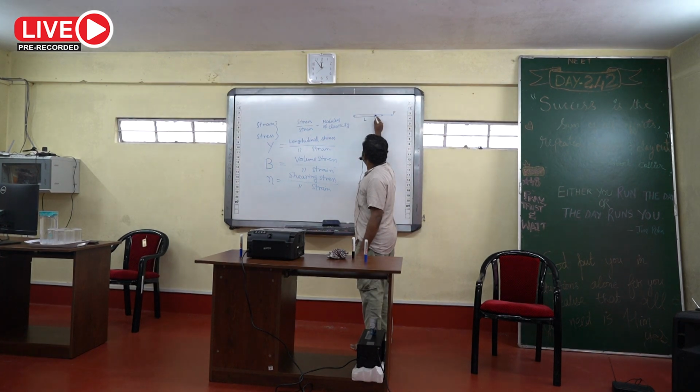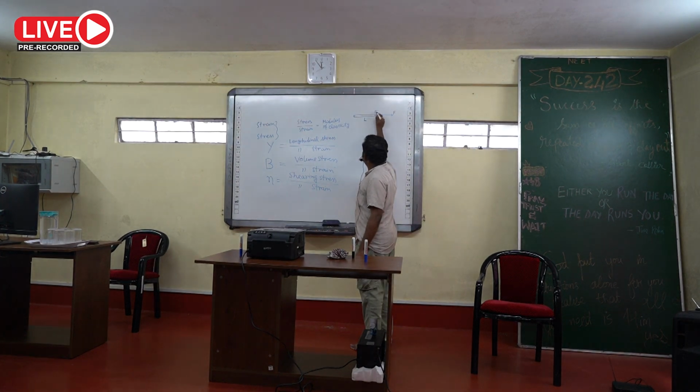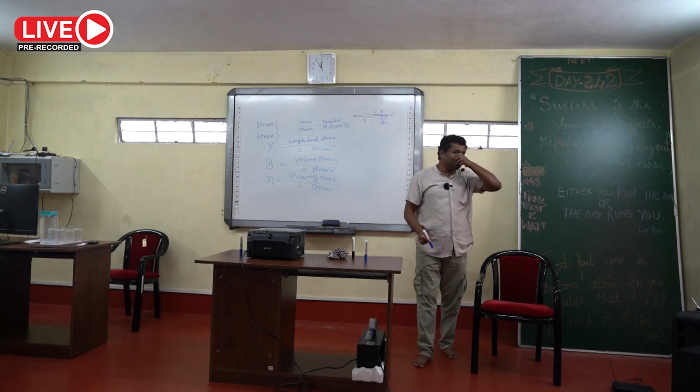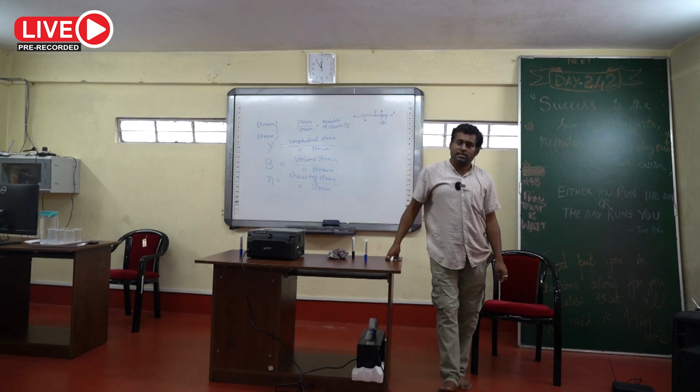We consider that has also the same value F. This area of cross section is considered as A, and this length is changed this much amount. This increase in length is considered as small l.